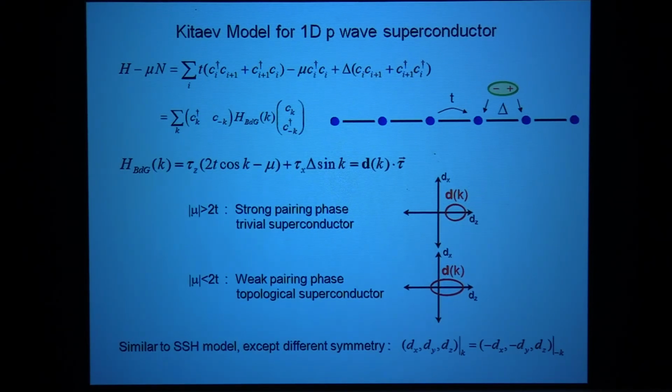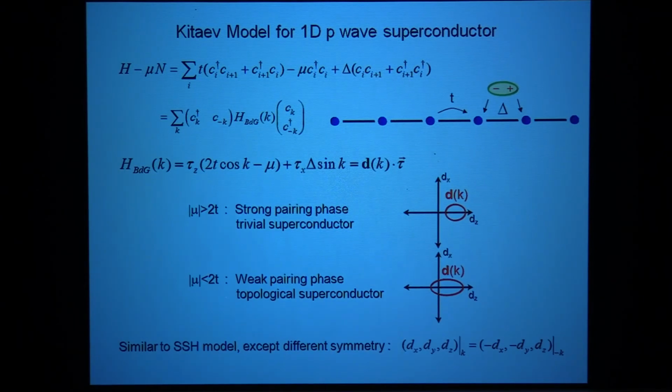If mu is very small, then you can see this d vector wraps all the way around. So in fact, these two phases are the trivial and topological phases of this one-dimensional superconductor. So this model is almost the same as the Schrieffer-Heeger model.